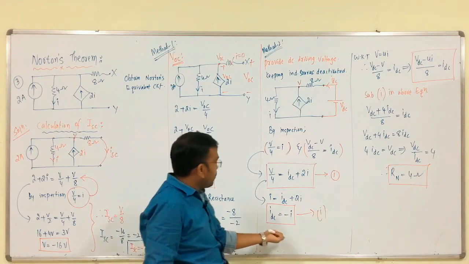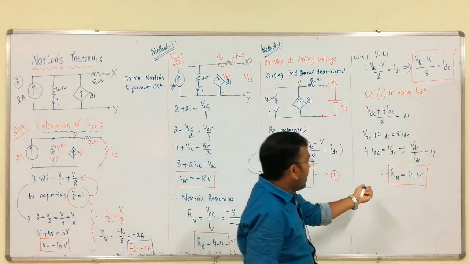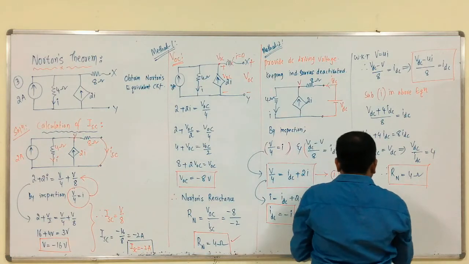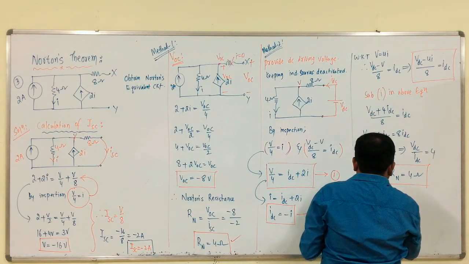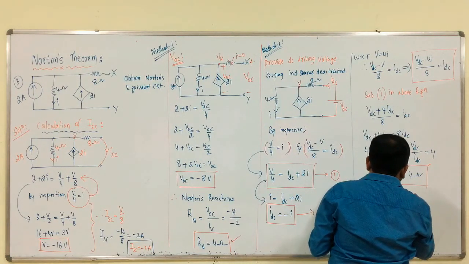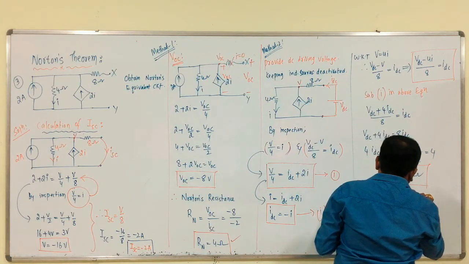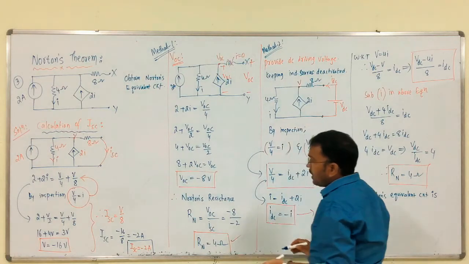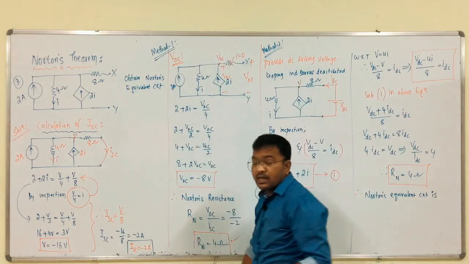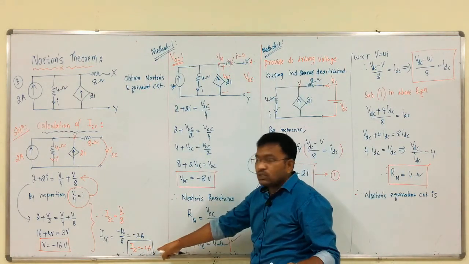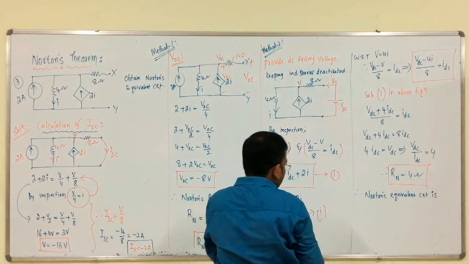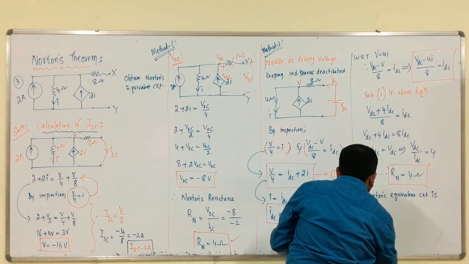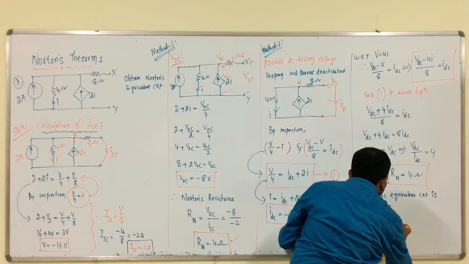From method 2, that is by providing DC driving voltage, we got Rn as 4 ohms. Therefore, Norton's equivalent circuit is, what is the value of ISC? Minus 2. That is, the value of current is minus 2, means we have to represent the current source in the downward direction, connected in parallel with Rn.